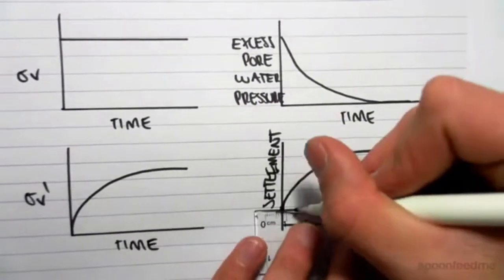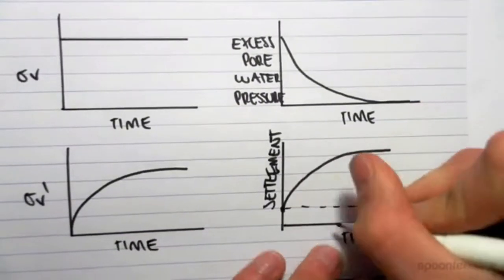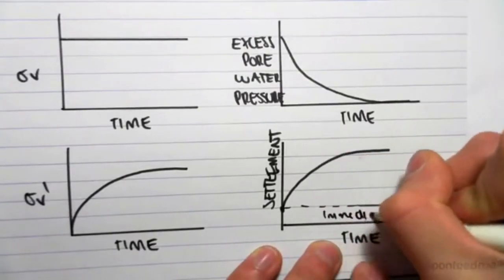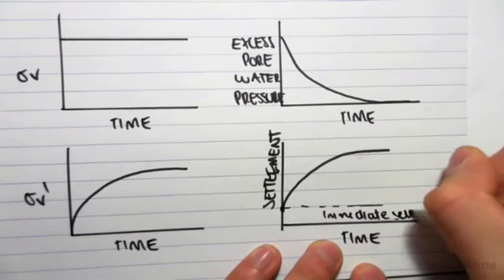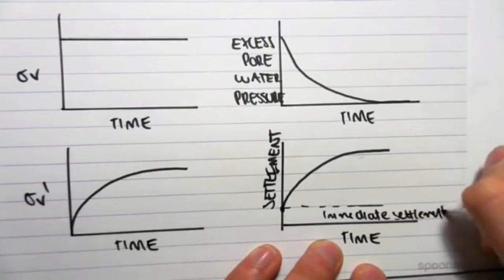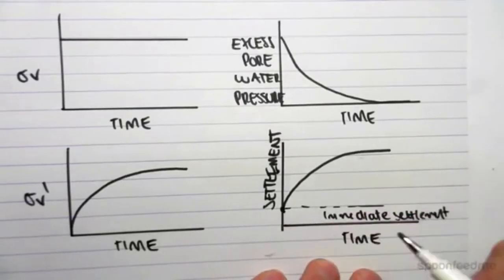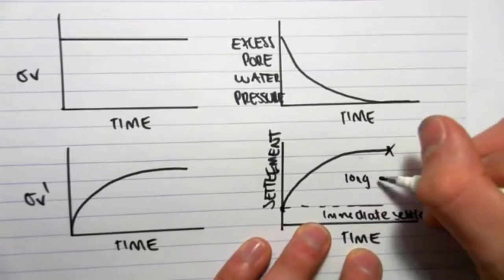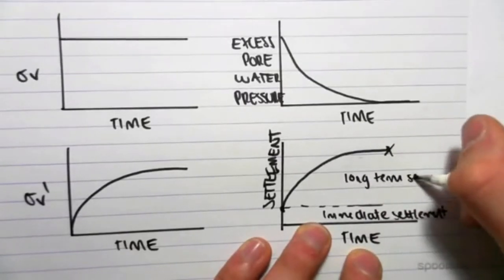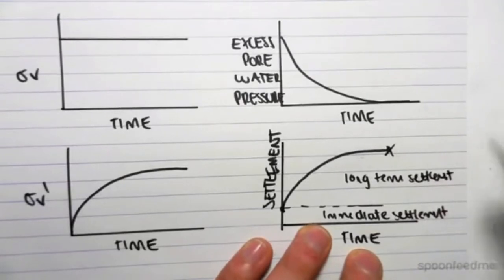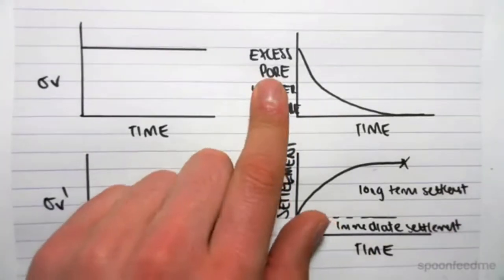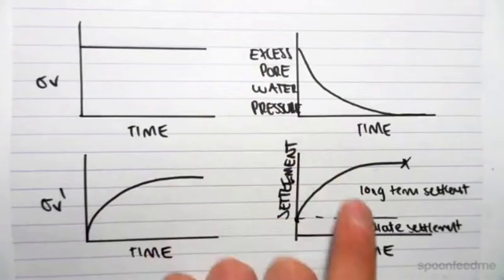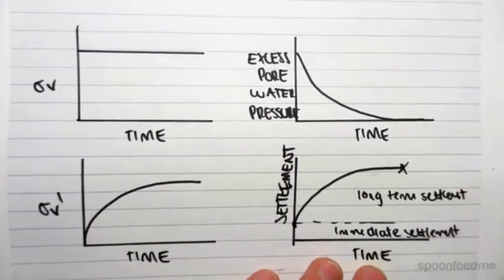So we have immediate settlement, which is this initial immediate settlement there, and then the long-term settlement, which is that value there. So long-term settlement, which occurs as the excess pore water pressure escapes, causing more settlement to occur.